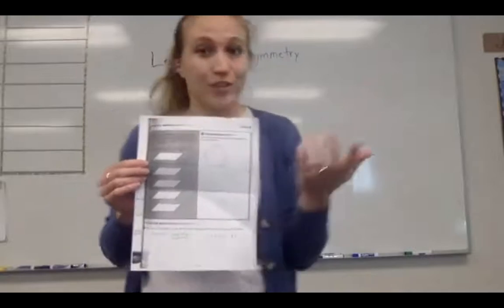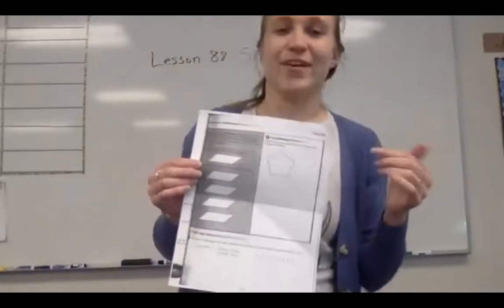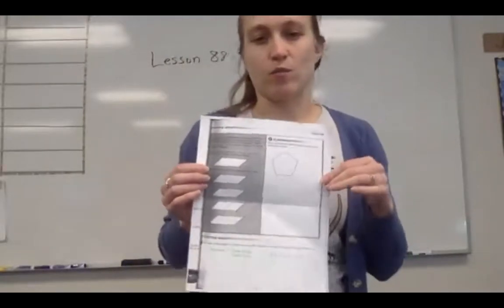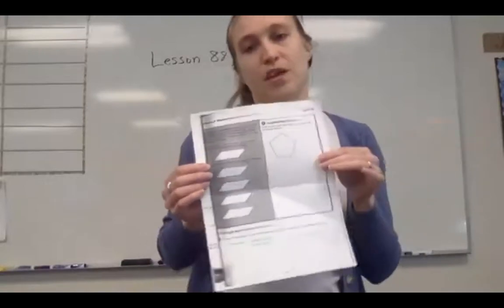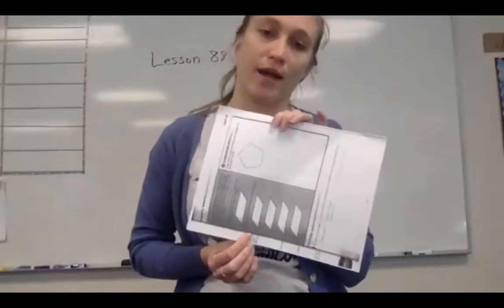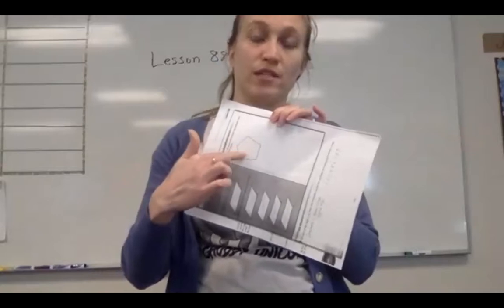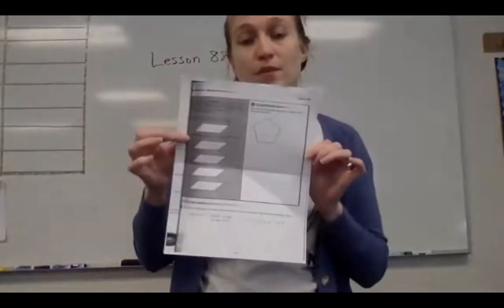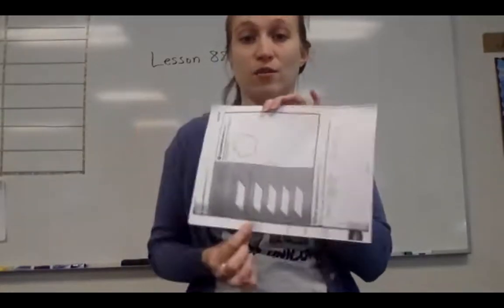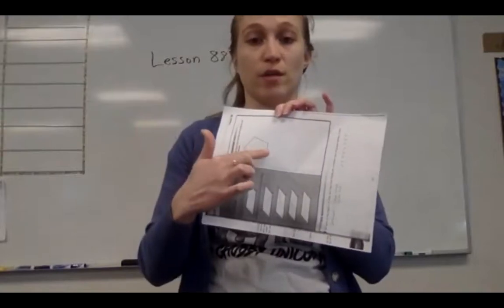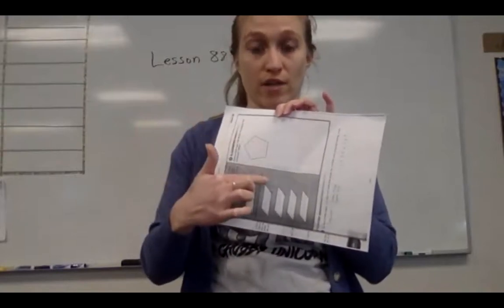However, there's actually 4 other ways you can do it. We talked a little bit about rotational symmetry. If I were to turn my paper, now my shape is the same as it was this way. So because of that, I can also fold this shape again right down here.